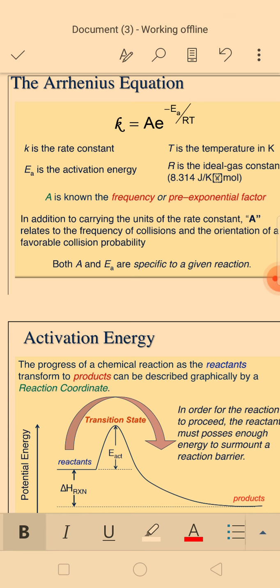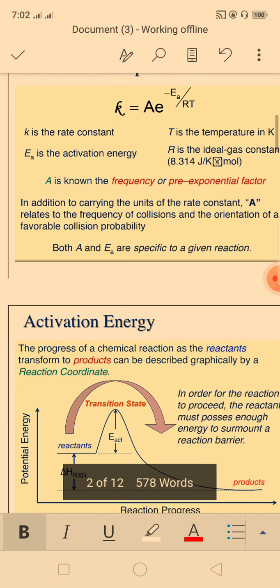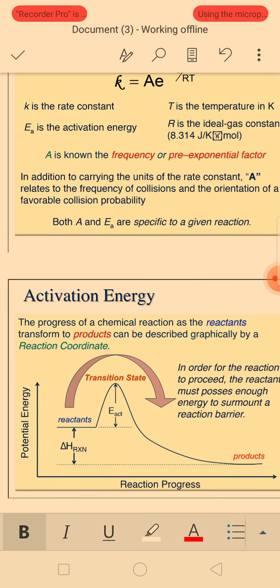The process of the chemical reaction as the reactant transforms to the product can be described graphically. Reactants start to cover the barrier of the energy of activation. So the energy of activation is higher than the energy of the reactant.